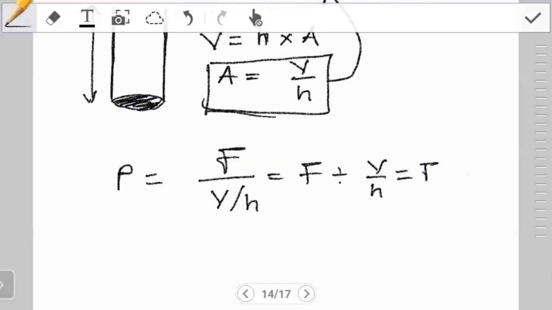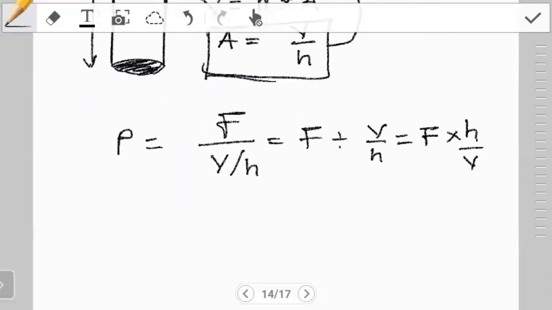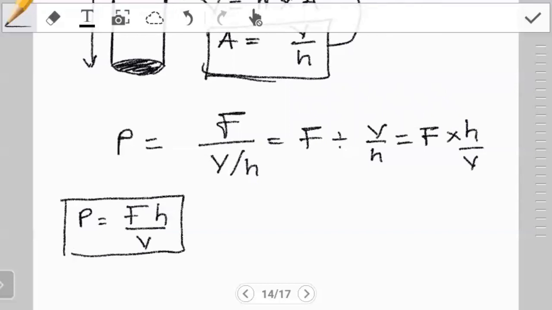This implies we have force multiplied by the height, divided by the volume. So pressure is equal to force times height divided by the volume. This is our new expression for pressure.